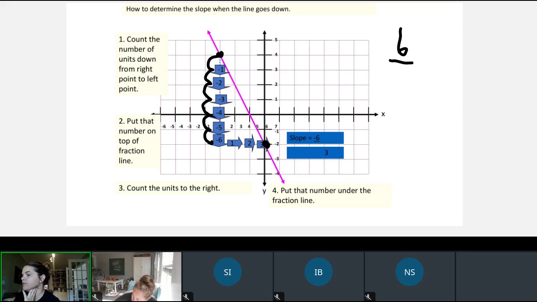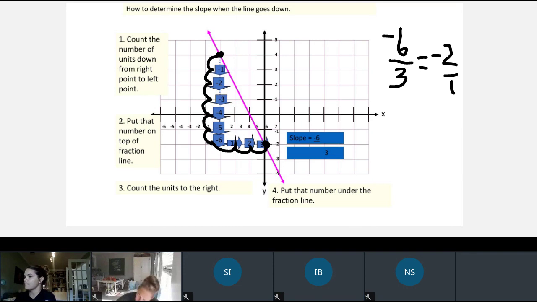Now we're going to count the number of units to the right. 1, 2, 3. Oh, that should be a -6 because I went down. Then I went to the right 3. So my slope is -6 divided by 3, which would be -2 or -2/1. Good.